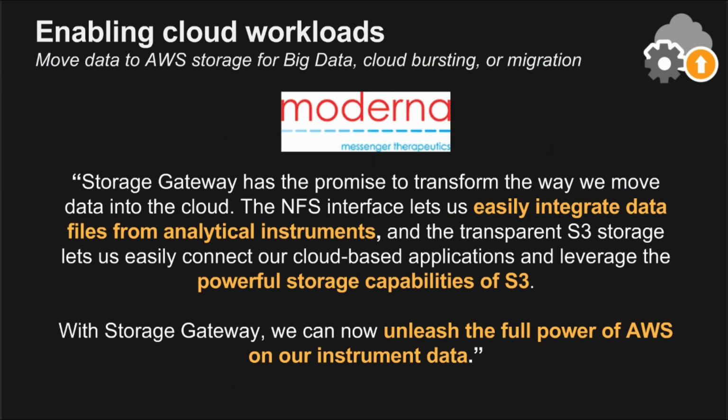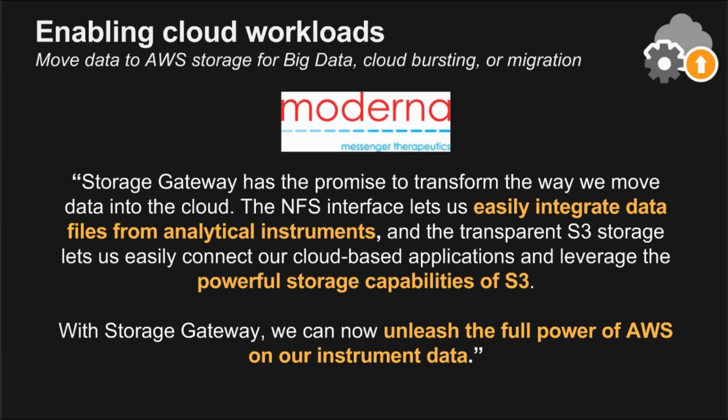So a quick example of a customer that's doing that today. Moderna is a pharmaceutical company, and they're using the storage gateway in file mode, or the file gateway as we call it, to write data from all of their instruments, things like mass spectrometers and electron microscopes, that natively support NFS. They're writing those test results into the file gateway.